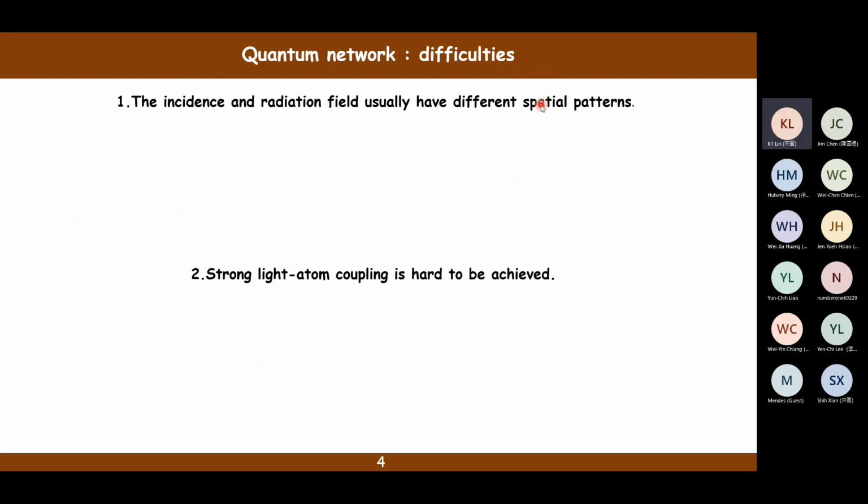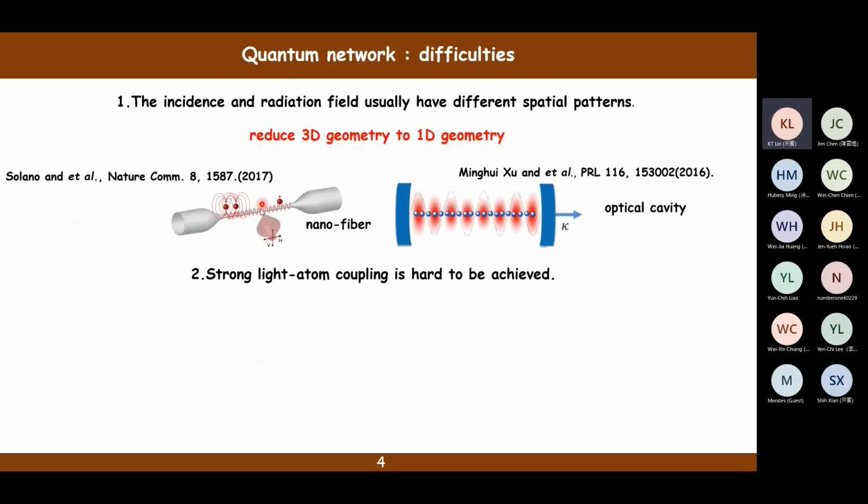Okay, so there are still some difficulties in realizing quantum networks by using neutral atoms. For example, the first one is that the incident and the radiation field usually have different spatial patterns. This difficulty can be solved by reducing the 3D geometry to 1D geometry. This means that, for example, we can use a metal fiber coupled to atomic arrays, or we can simply use the optical cavity and put all the atoms inside the cavity, interacting with this single mode of electric field.